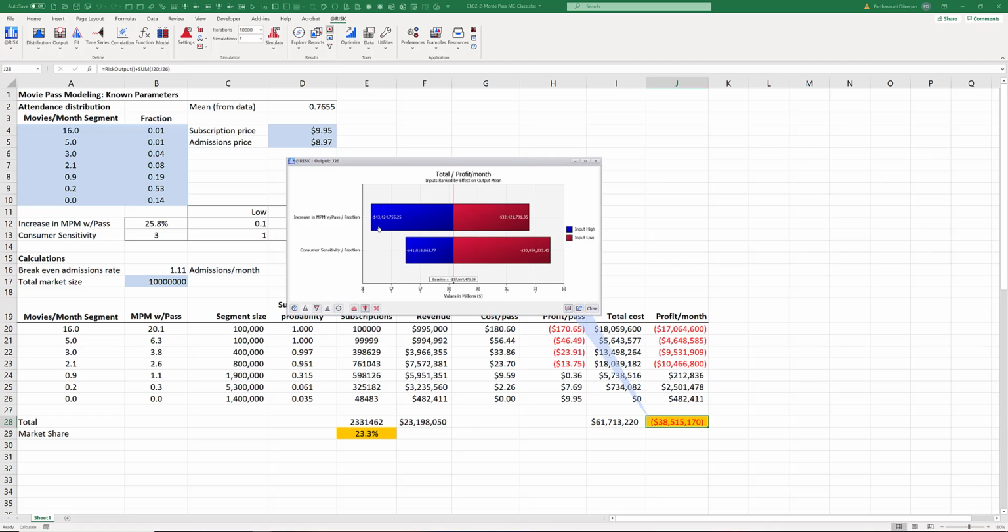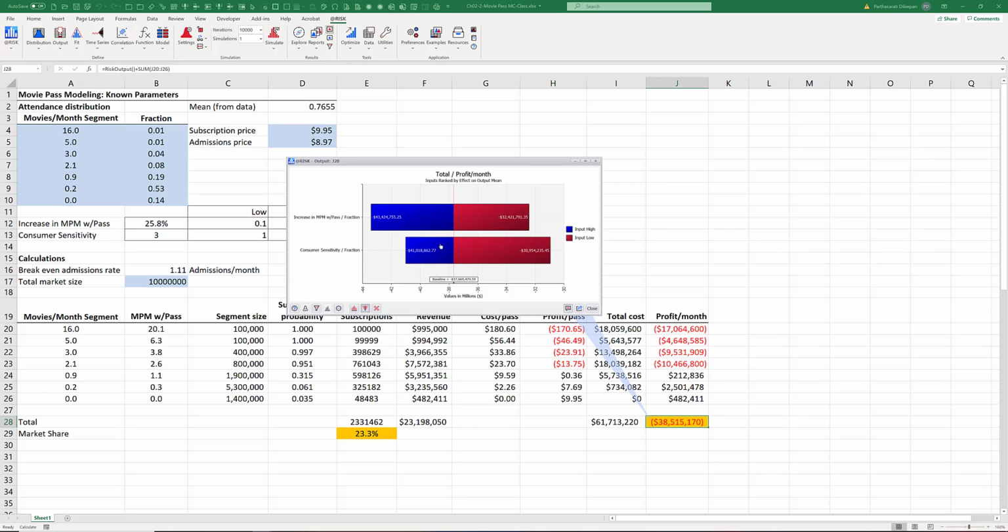This gives you the range of values for the profit for the range of values we simulated here. Same for the second input. Here high input is on this side. Larger values for consumer sensitivity gave you a loss of 41 million, and the smallest value gave you a loss of 30 million.